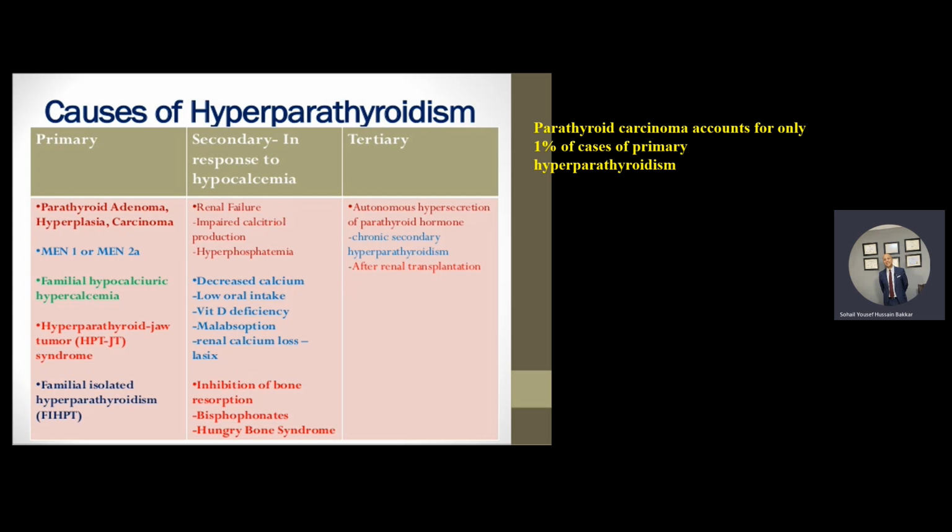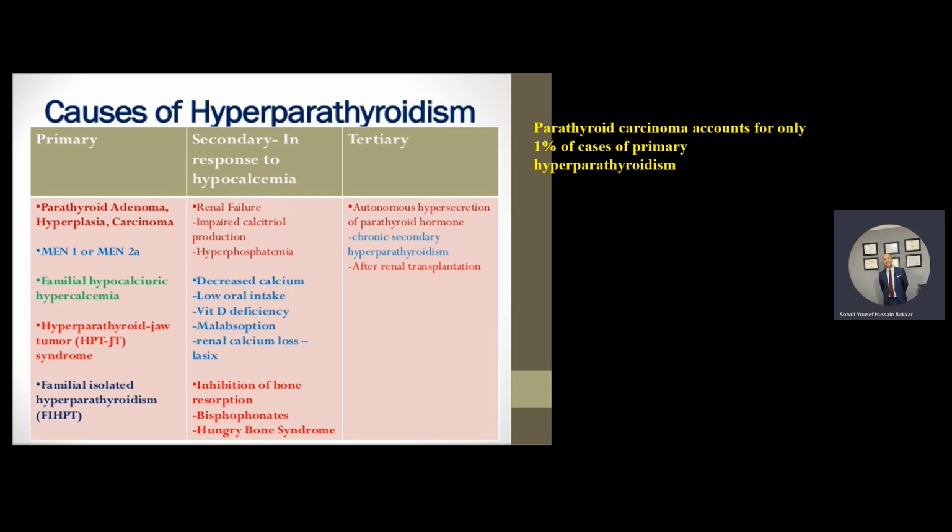You have a single gland that has an adenoma secreting parathyroid hormone in excess, and 99% of parathyroid adenomas tend to be benign, and only 1% tend to be malignant.